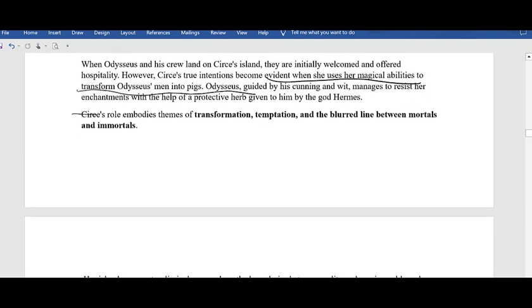So Circe embodies the theme of transformation, of temptation, and of the blurred line between mortals and immortals. Circe is kind of a combination of mortality and immortality.